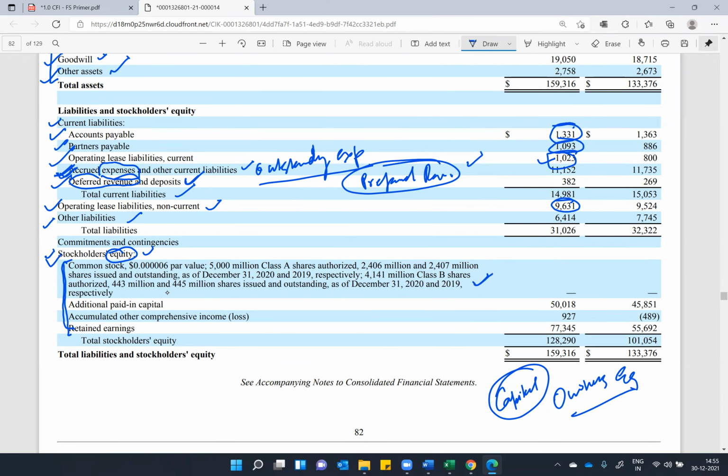So let's say Facebook came up with an IPO way back, more than 10 years ago. That time they came up with an IPO of, let's say, $40 per share, right? And they had issued 10 lakh shares. For example, I'm just taking some random numbers.